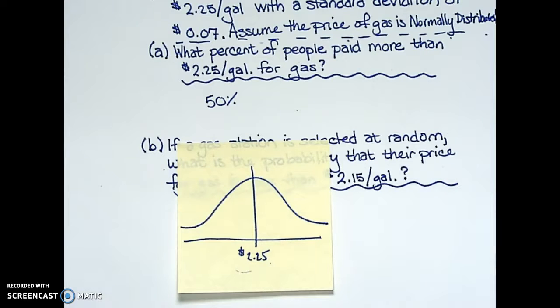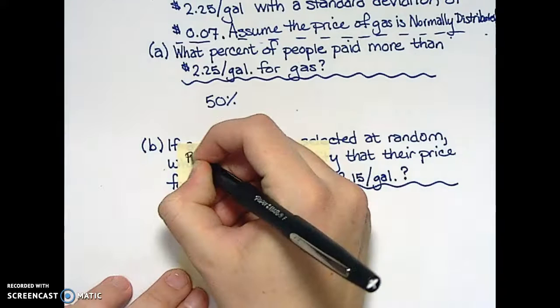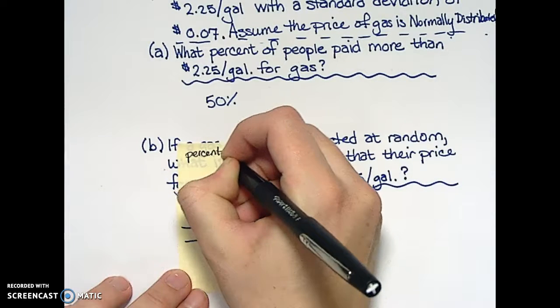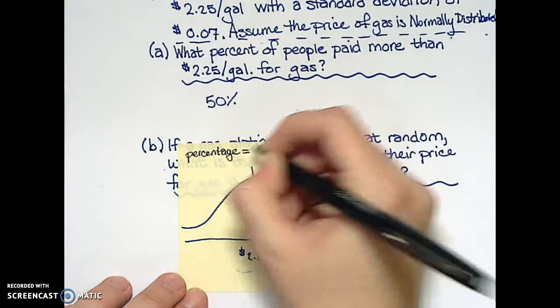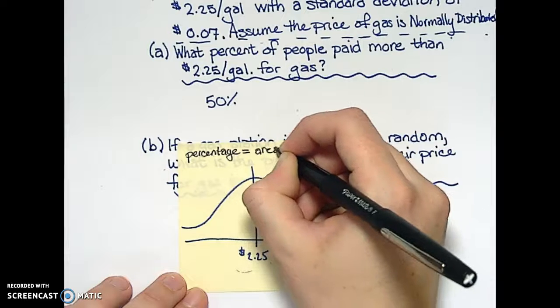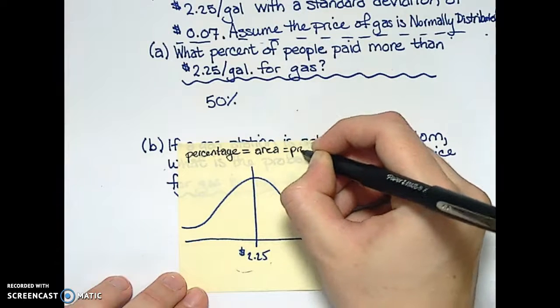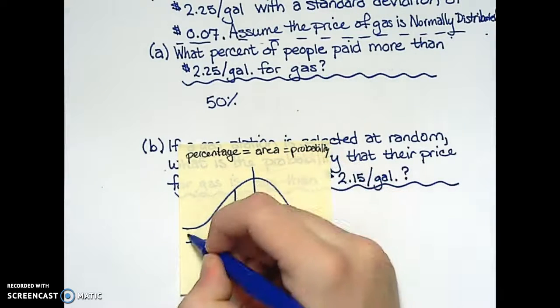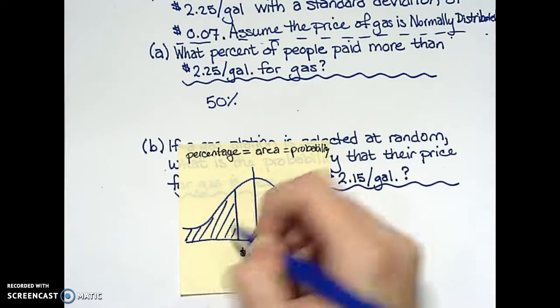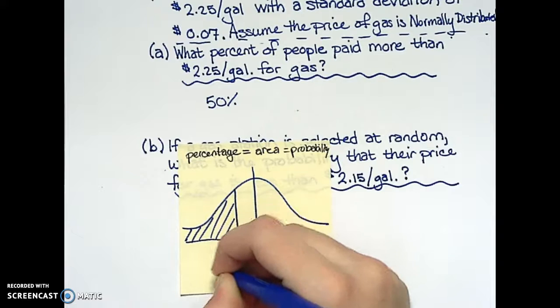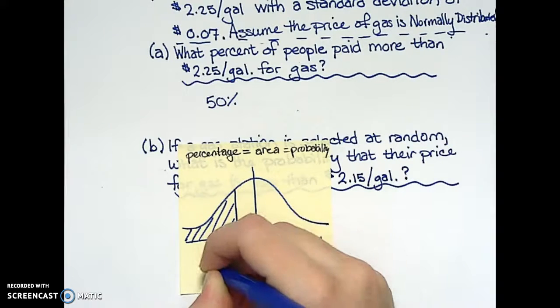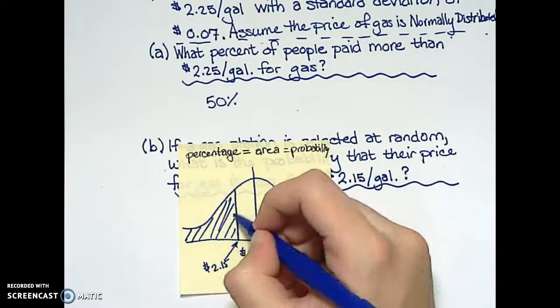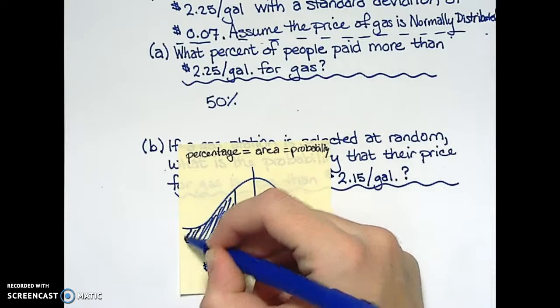One thing that we want to keep in mind about normal curves is that the percentage is equal to the area, which is equal to the probability. So if we want to calculate the probability that a gas station has gas for sale at less than, we'll say that this is $2.15 right here, that's the same thing as calculating the area beneath this curve.